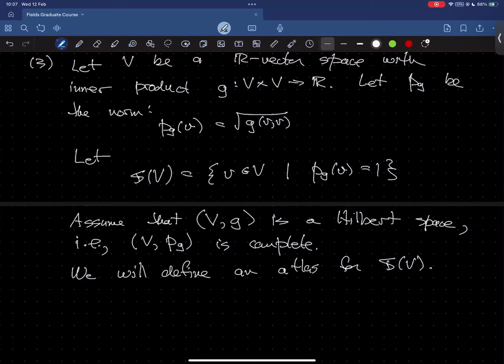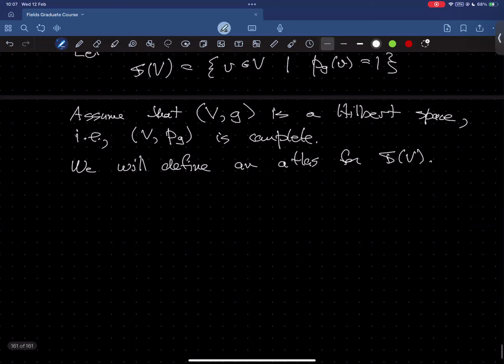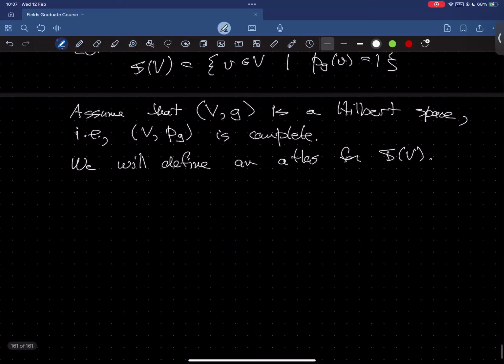Depending on what your Hilbert space exactly is, you maybe don't have to choose all of these charts, but we're just going to define a chart for each point on the circle. I'll draw some pictures to show you what that chart is. The geometry behind this isn't the same as the examples we just looked at, but it's similar. So let X be a point on this sphere-like thing.